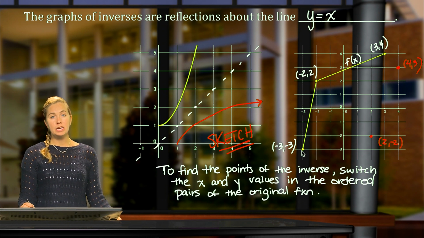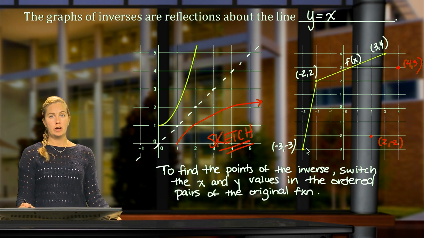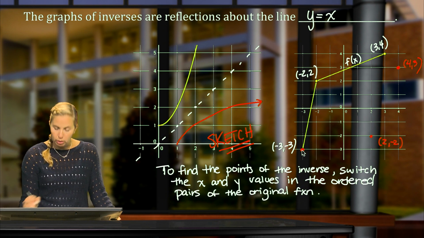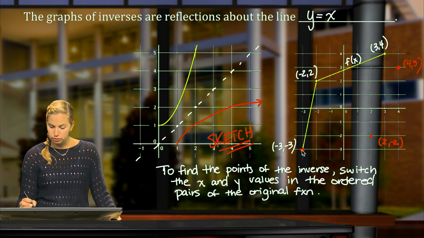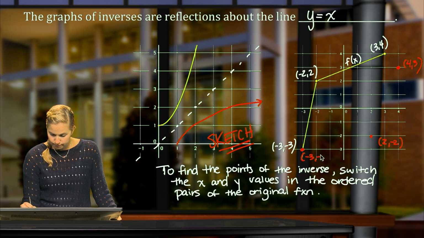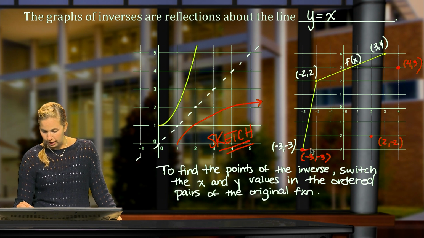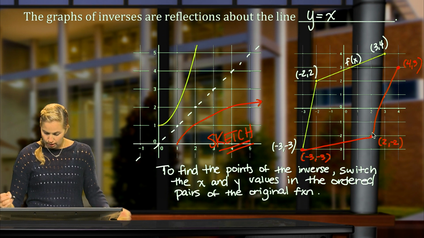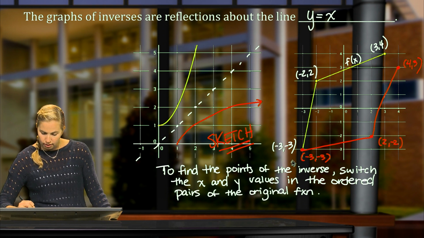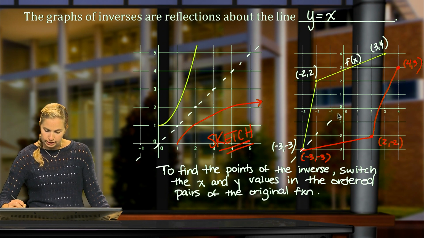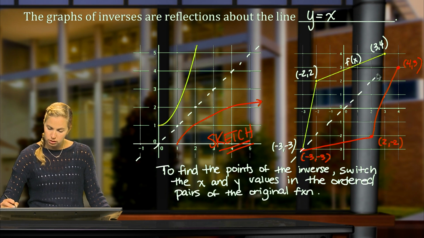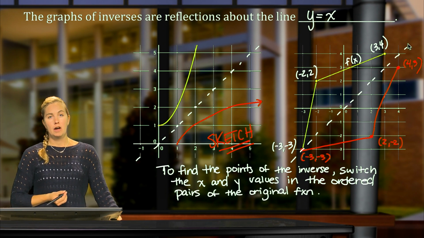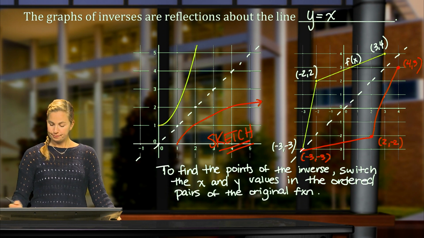And if (-3, -3) is on my original function, switching those ordered pairs doesn't change the point, so that point will also be on my inverse. And if I connect these points, and I envision that line y equals x that goes along that diagonal, we can even see the reflection of that graph about that line.